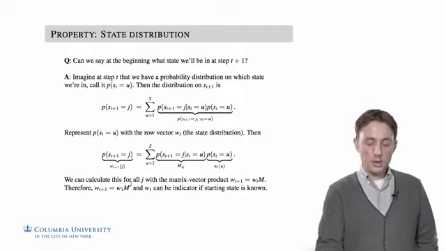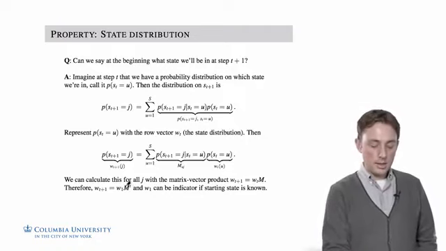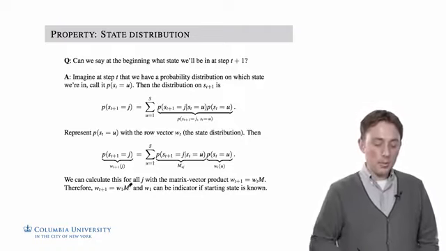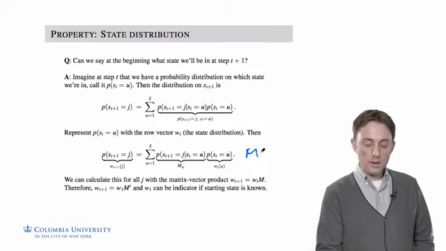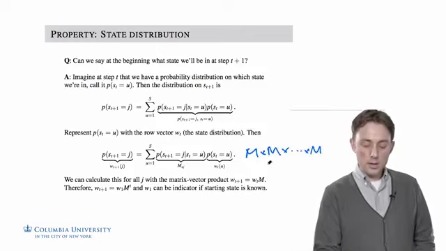And what this notation is saying, and it's important to know, is that it's not an element-wise exponential. So we don't take each element in M and raise it to the power t. We have M times M times M, and this happens t times.